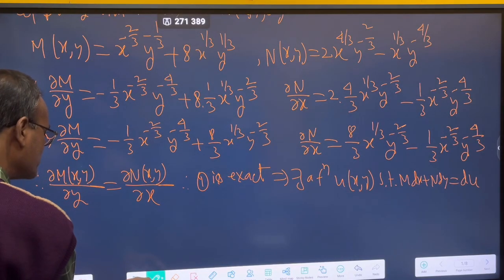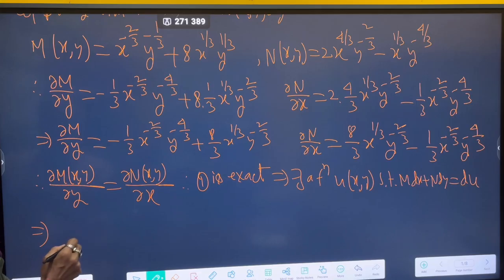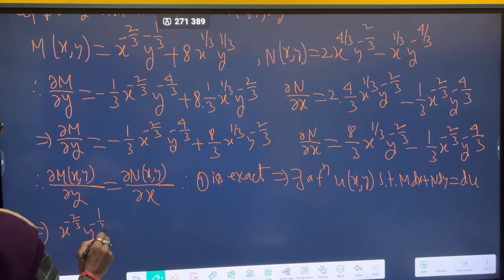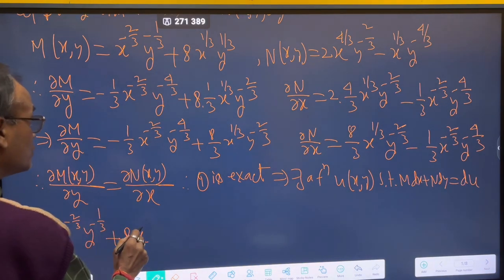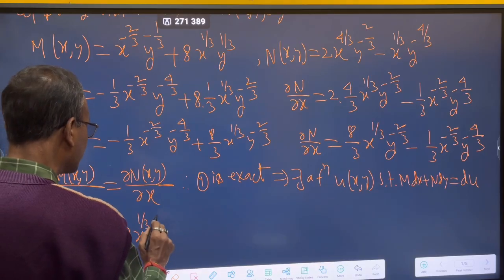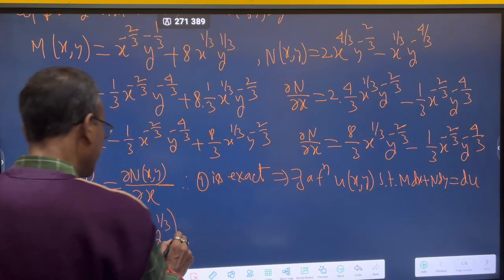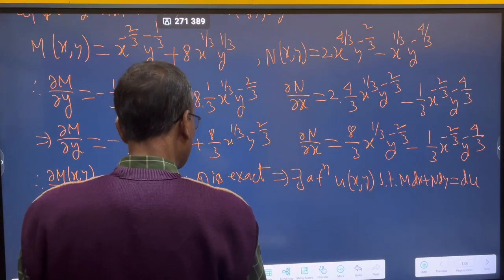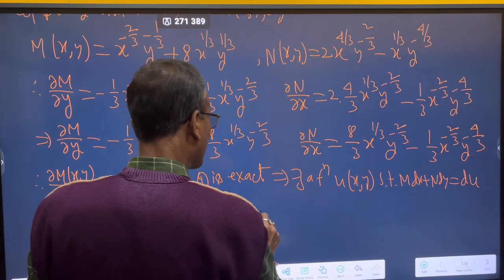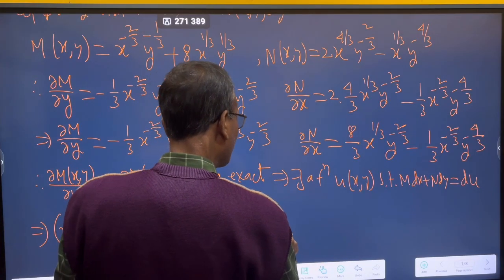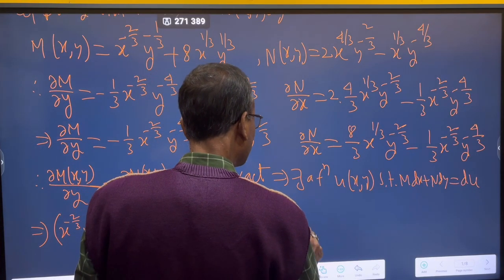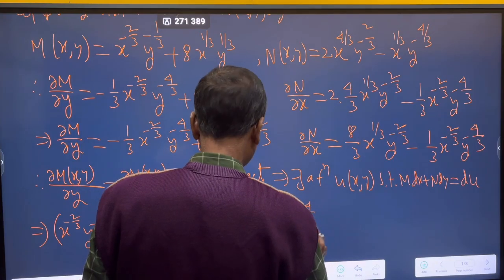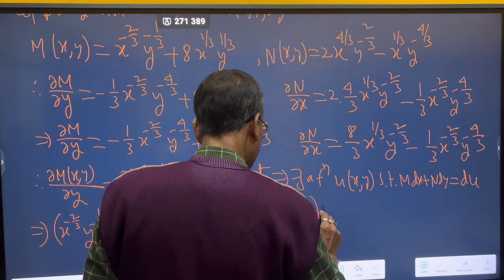This means x to the power minus 2 by 3 y to the power minus 1 by 3 plus 8 x to the power 1 by 3 y to the power 1 by 3, this dx, plus 2 times of x to the power 4 by 3 y to the power minus 2 by 3 minus x to the power 1 by 3 y to the power minus 4 by 3, dy.